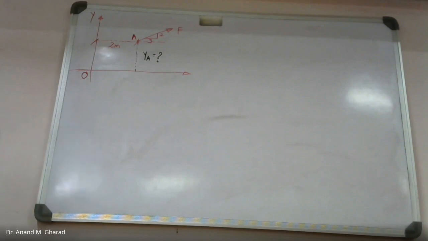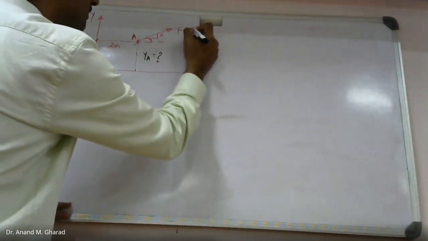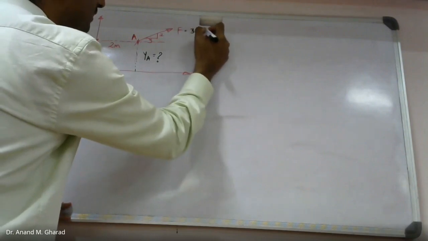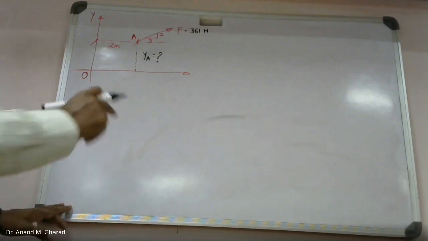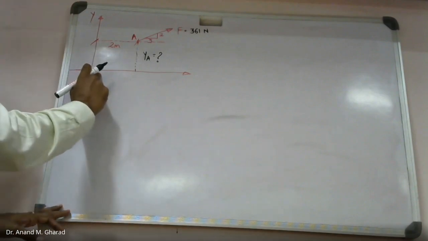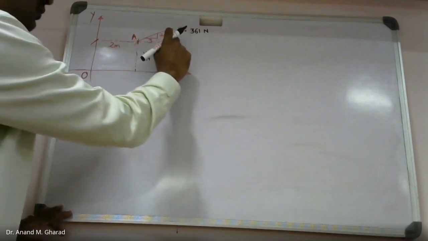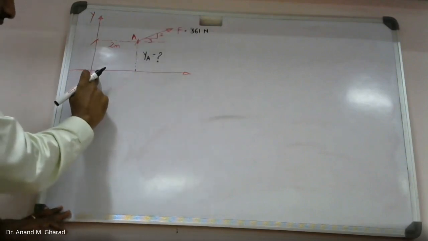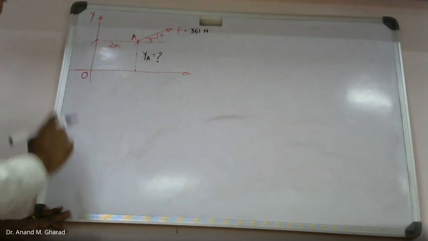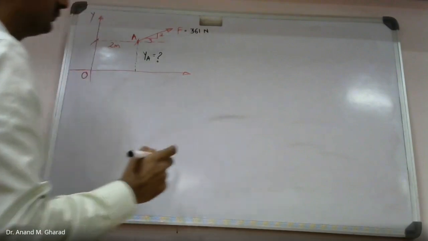What is given in the numerical? First of all, the magnitude of this force is 361 Newton, and it will have a clockwise moment of 400 Newton meter about this point O. So this force is responsible for the development of a clockwise moment about this point, and the magnitude is 400, right?